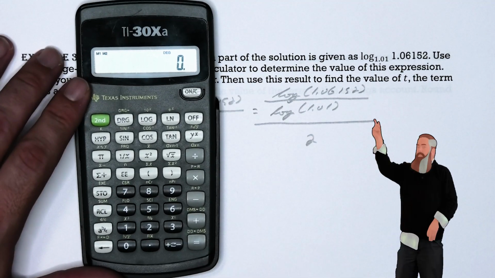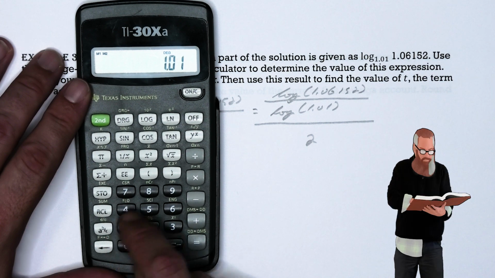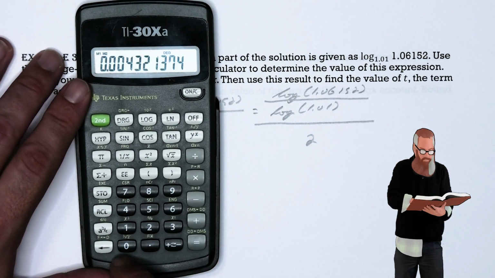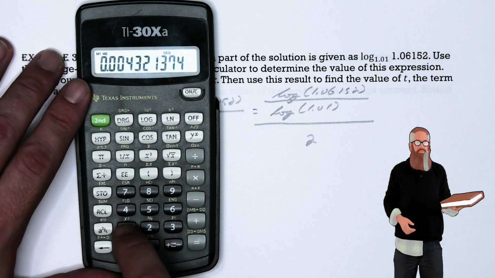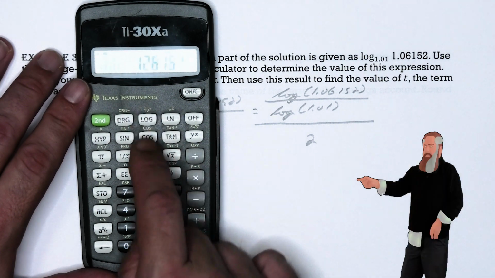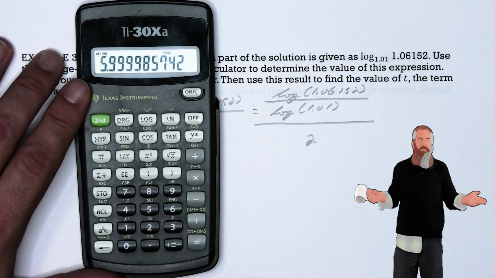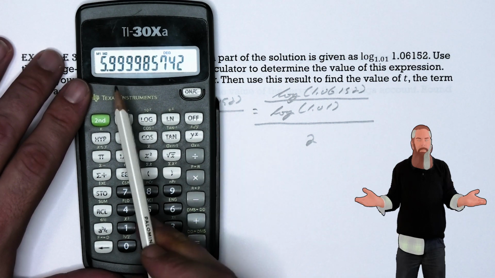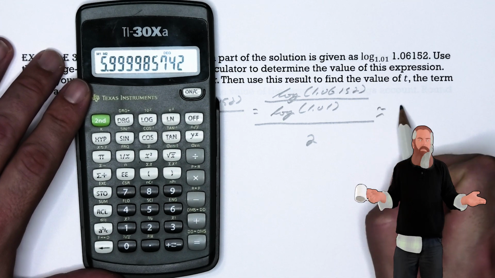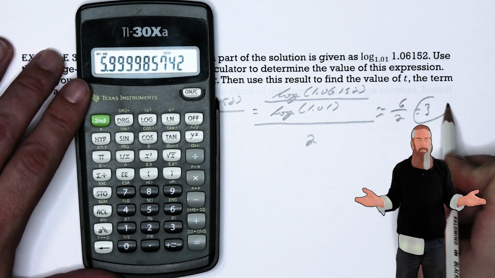To do this on a TI-30XA, what I would do is put 1.01 and hit log. Now I get an inconvenient number, so I store it in memory 1. Now 1.06152 log, I get a number, divide, recall 1, and hit equals. That's done the entire numerator, which means I have approximately 6 divided by 2, which is approximately 3.